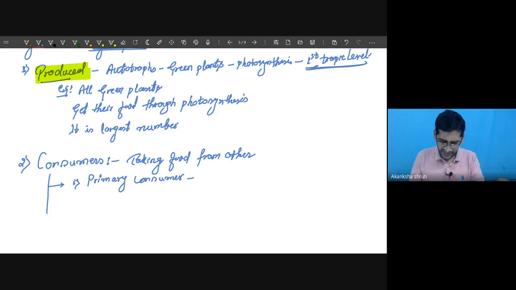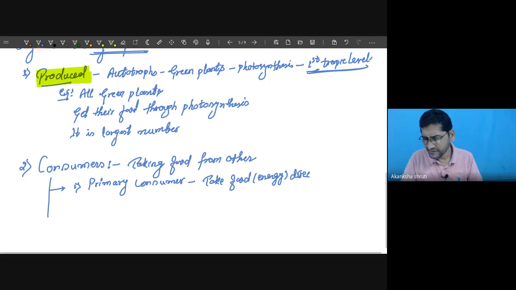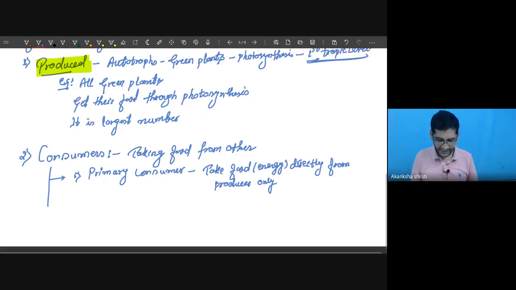What is this primary consumer? They take food, and food or energy mean the same thing, okay? They take it directly from the producer only. Only from the producer they can take the food.